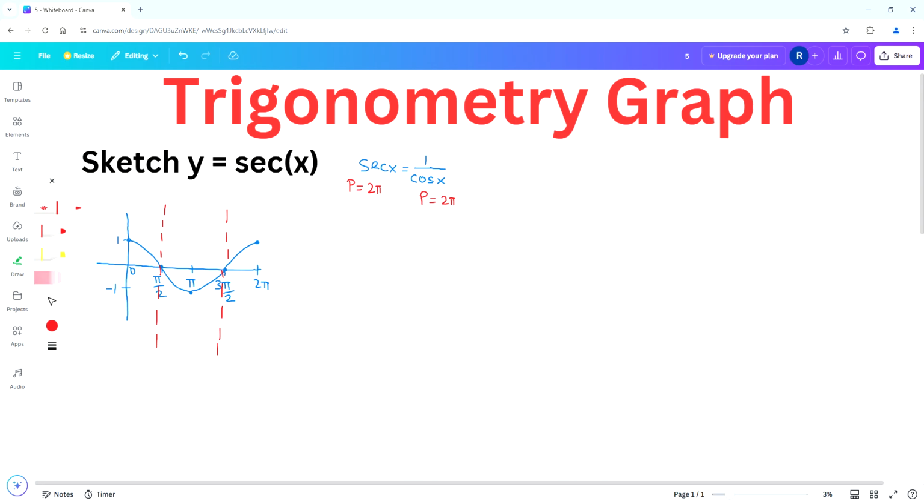Therefore, the curve for secant x function between these vertical asymptotes is a curve that looks like a parabola that has its maximum point at x equals pi and y equals -1. So the point pi, -1 lies on both the cos x function and secant x function. We can show the curve between these vertical asymptotes like this.